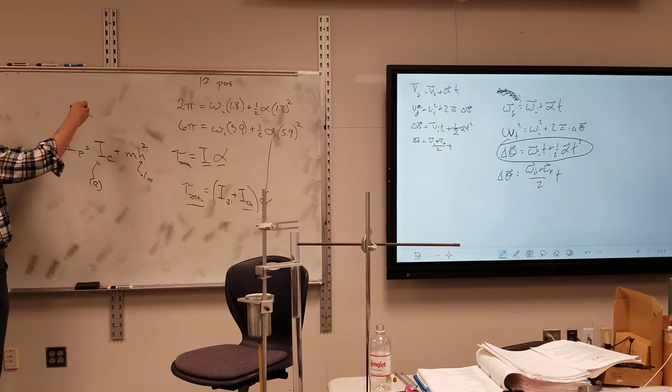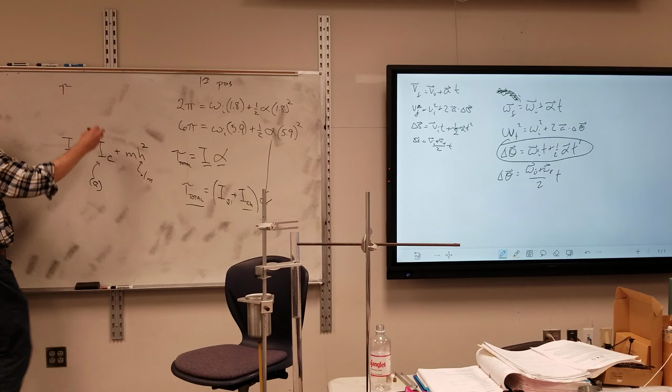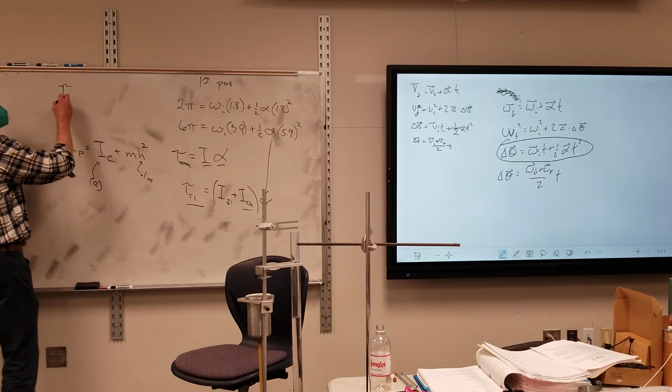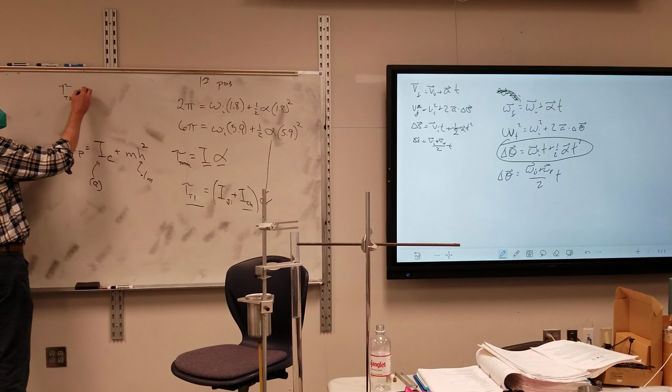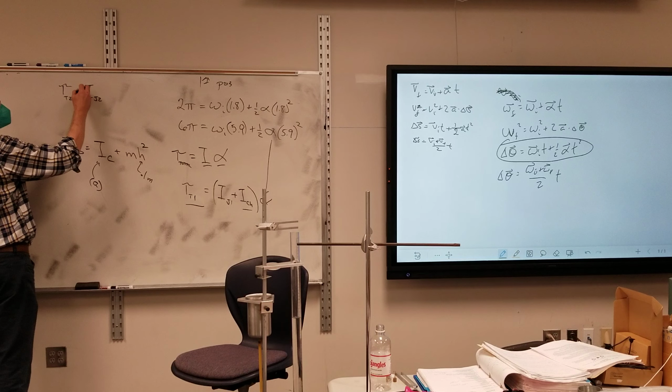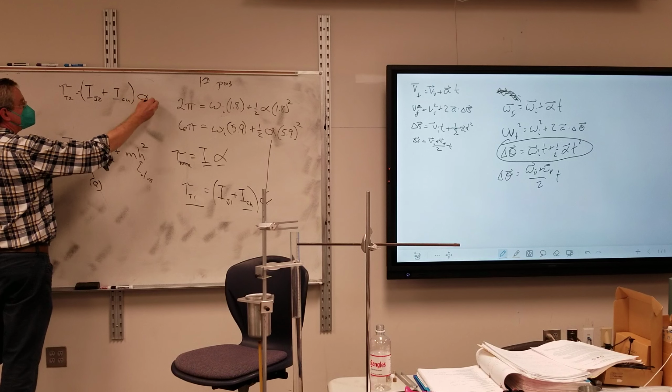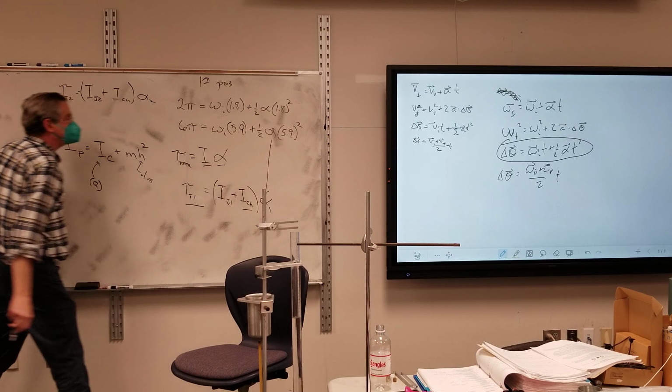So we have, I guess, torque total 1, torque total 2 is going to be equal to I of J2 plus I of chair times alpha 2, or alpha 1.